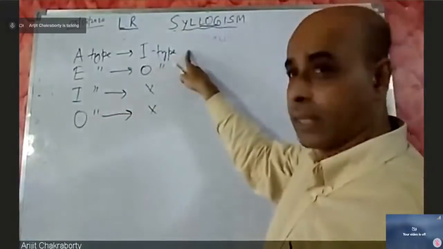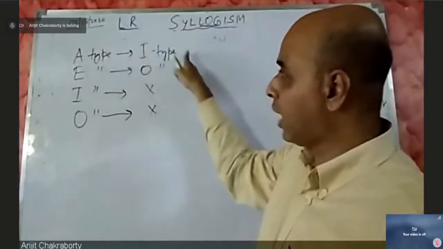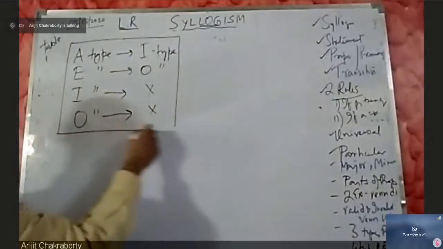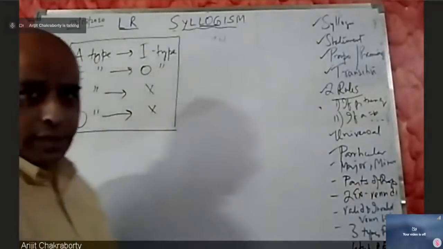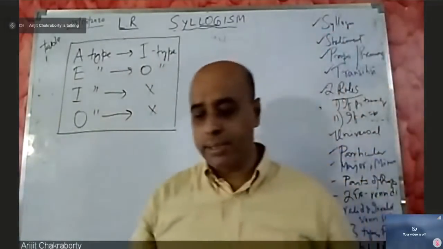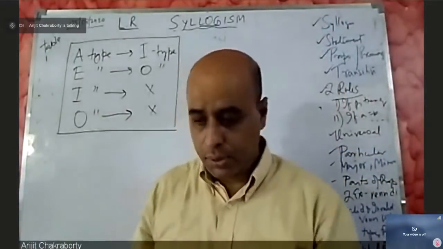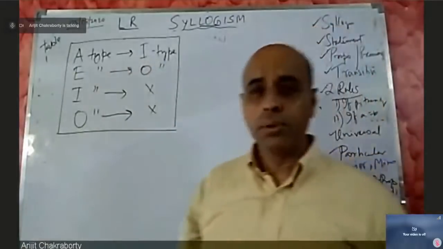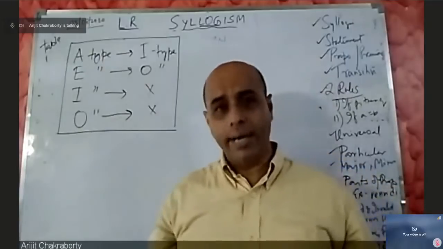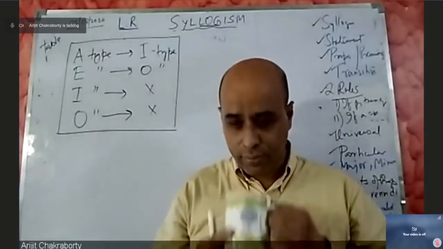So it becomes an I type. Okay? From A to I. So please note this table. This is table number 1. Very, very important table. Kindly note. We will draw 3 tables like this. So A type to I type: the example is all boys are brave, and for inference purpose it will become I type, that is, some boys are brave.